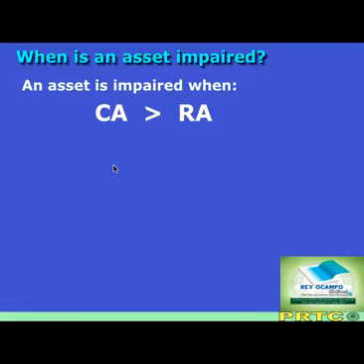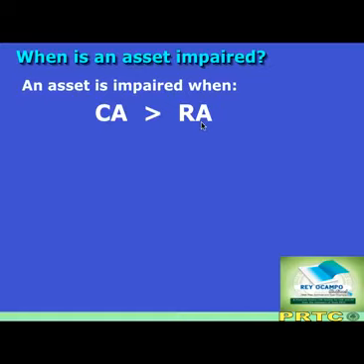So in accordance with PAS 36, an asset is impaired when the CA exceeds RA. Now, the carrying amount is computed in accordance with applicable PFRSs. For example, for PPE, apply PAS 16 in computing the carrying amount.